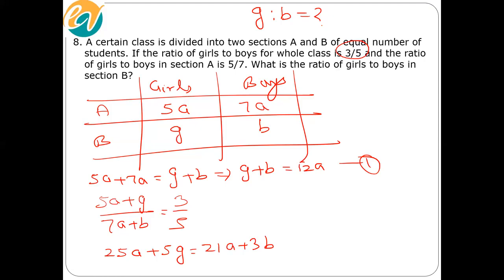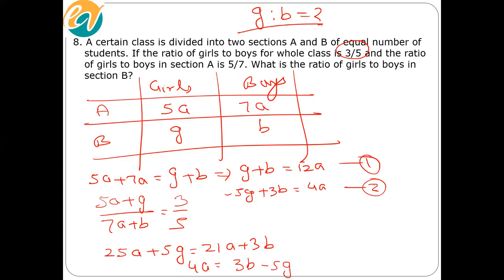So from this, what do we get, friends? Let's take it on the other side. So 4A is equal to 3B minus 5G, correct? So minus 5G plus 3B is equal to 4A. Agreed? So these are the two equations, and we have to find out G is to B.